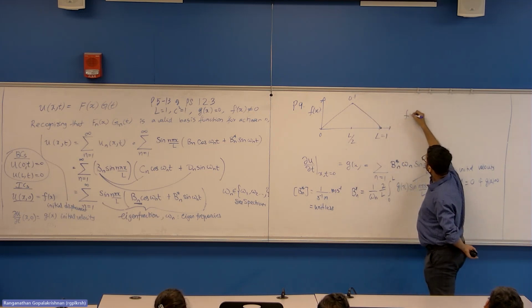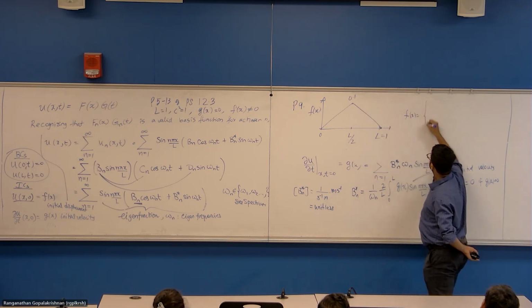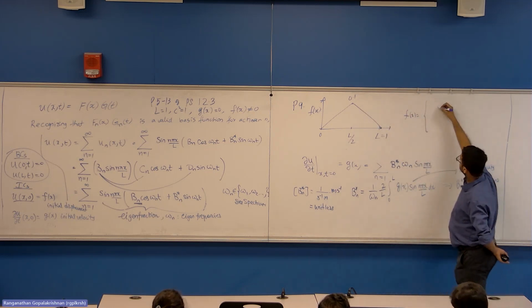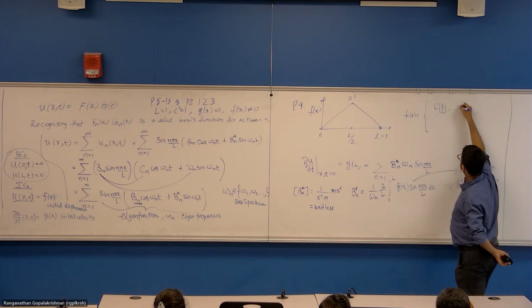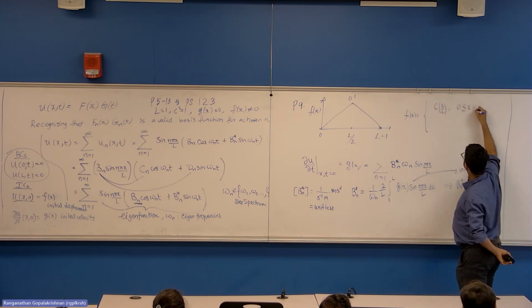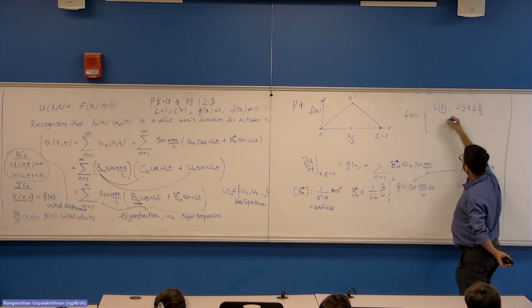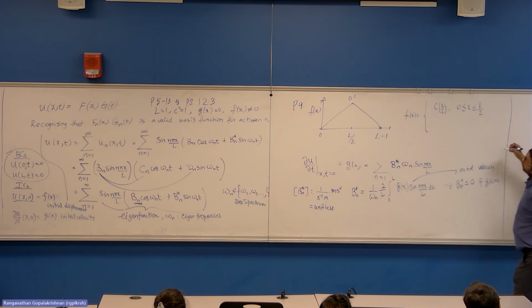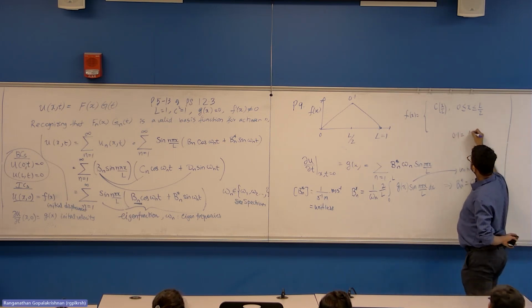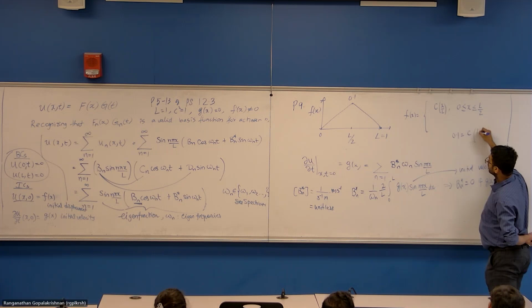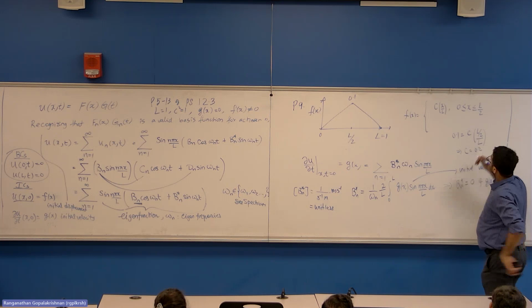So we can write f of x equal to c times x over L for 0 less than x less than L divided by 2. What would be c? So 0.1 equals c times L divided by 2 divided by L, which will make c equal 0.2, right?